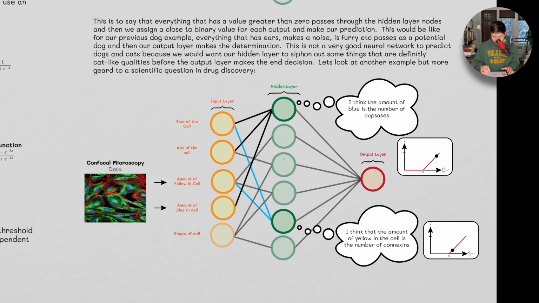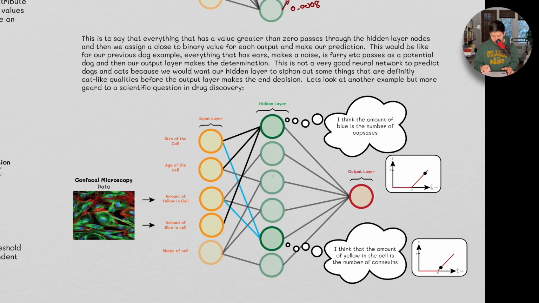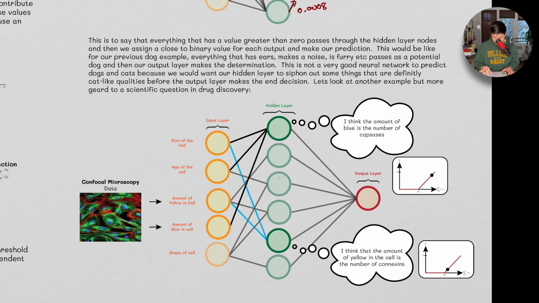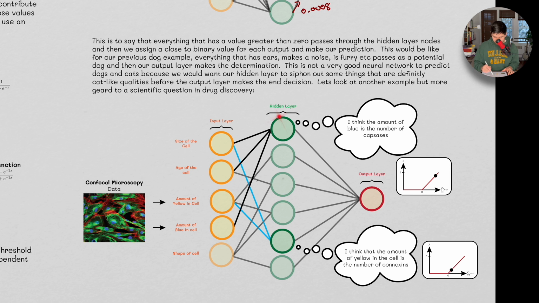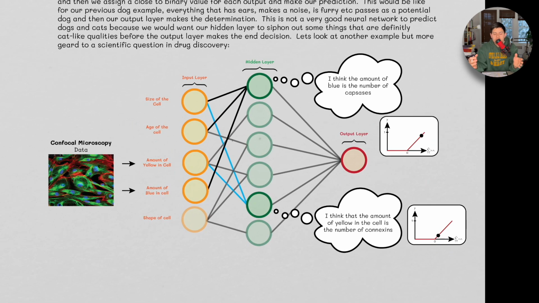So this is how we think of activation functions, right? We have these nodes within our hidden layer that are going to put a number on something that they think is correlated. We can almost think of these things as inner products, because when we look at this node here, it is thinking, well, I think that there's a correlation between the size of the cell, the age of the cell, and the amount of blue in the cell.